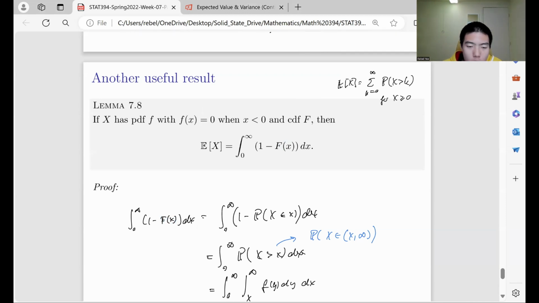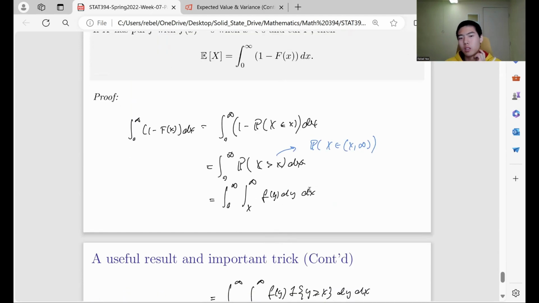We write F_X(x) as P(X smaller or equal to x). And 1 minus P(X smaller or equal to x) is the same as taking the converse, X greater than x. So this becomes P(X greater than x).